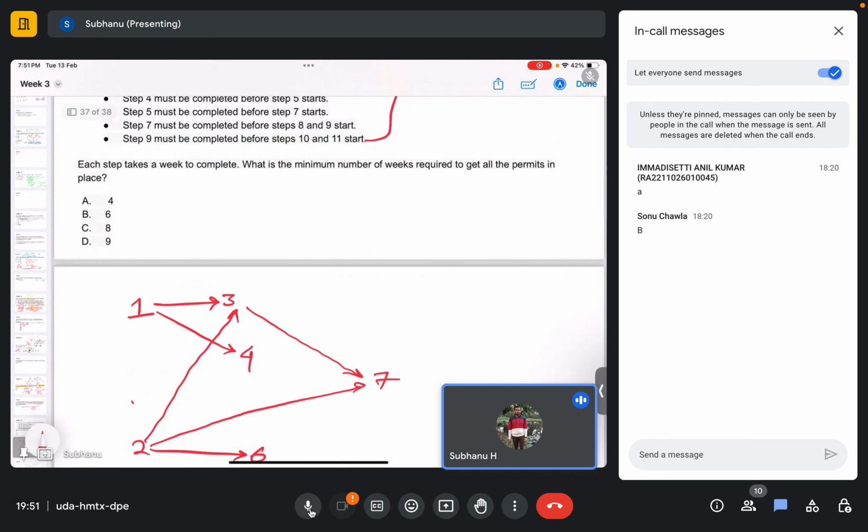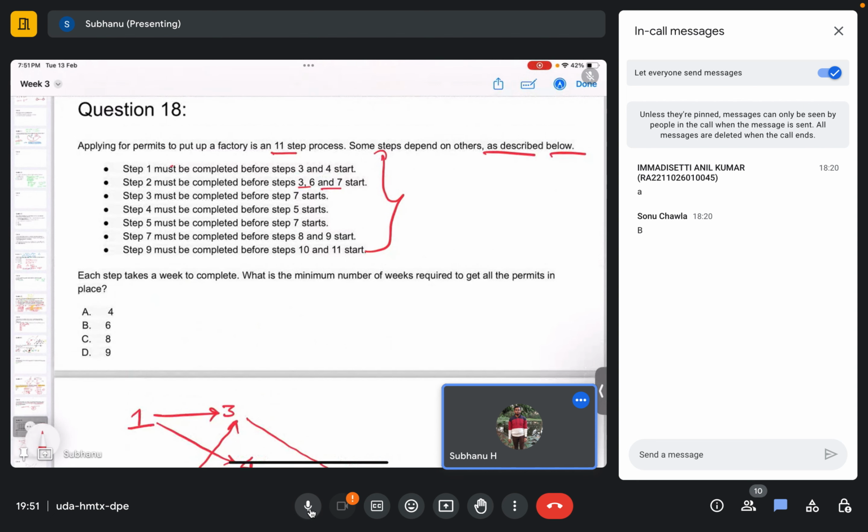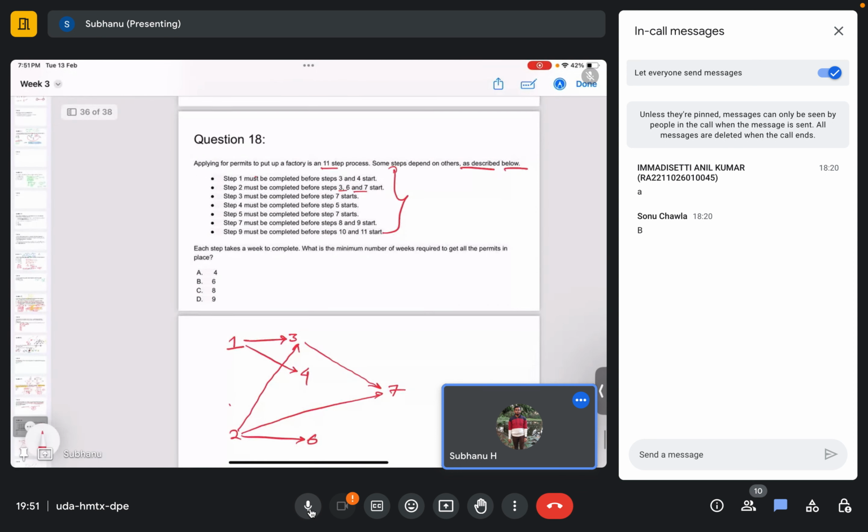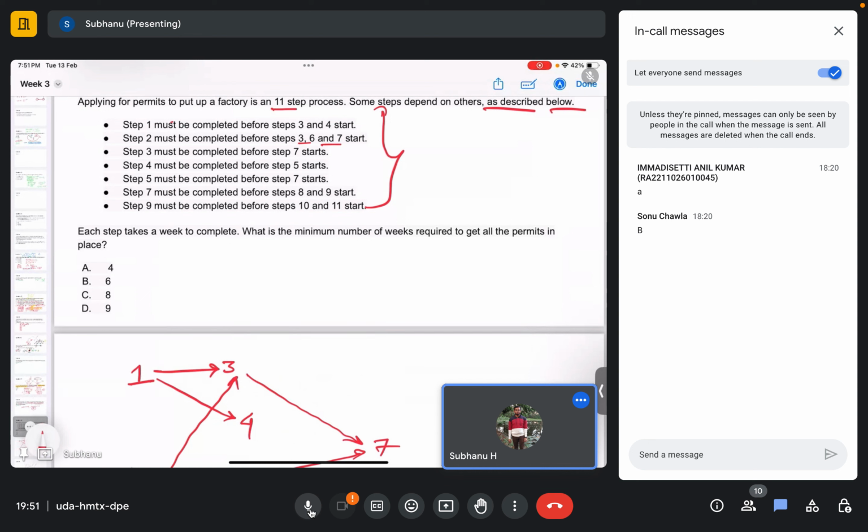And from this diagram, please try yourself to complete it.